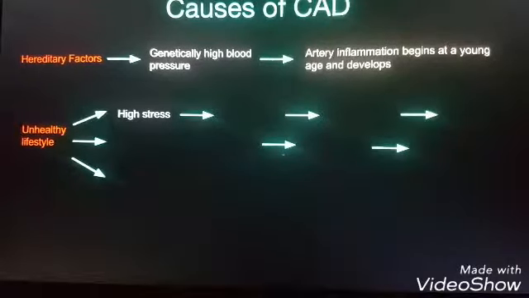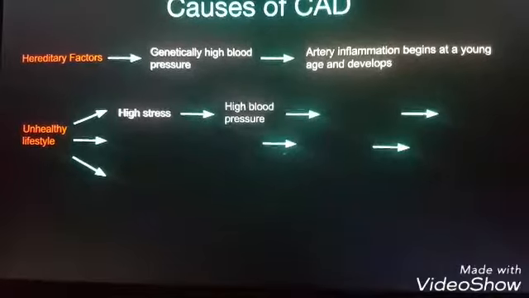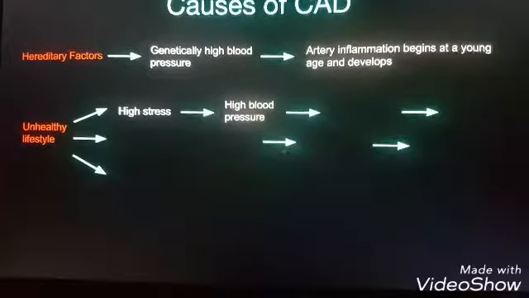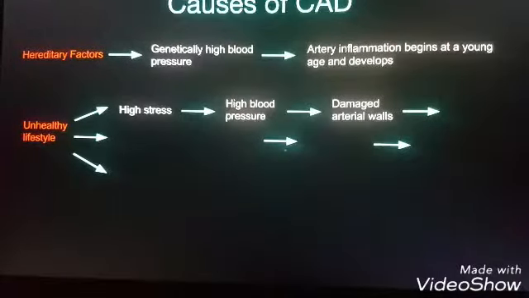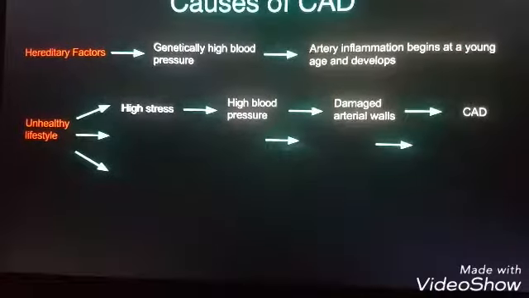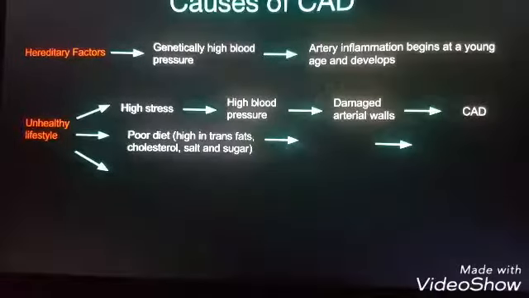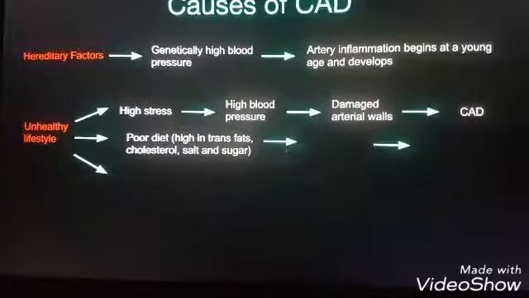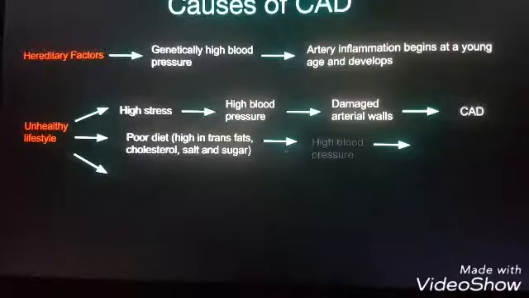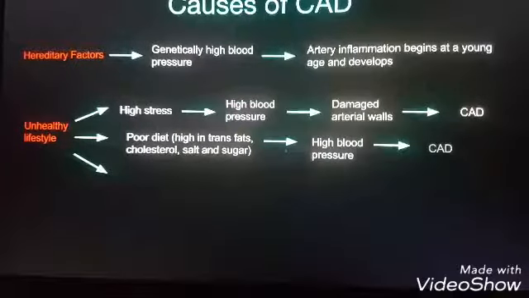Factors such as high stress, which can cause high blood pressure, which can lead to damaged arterial walls and eventually CAD. A poor diet, which consists of high trans fats, cholesterol, salt, and sugar, can also cause high blood pressure, which can eventually lead to CAD.